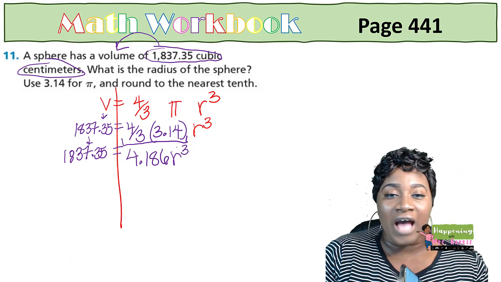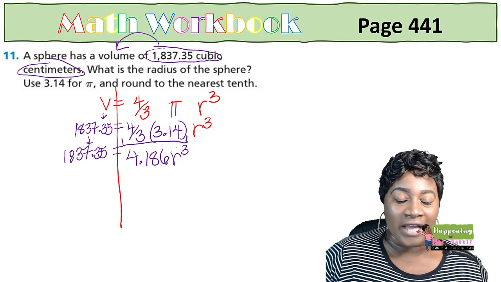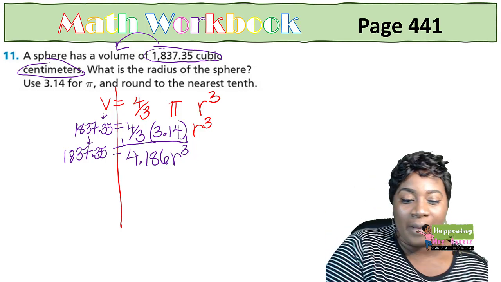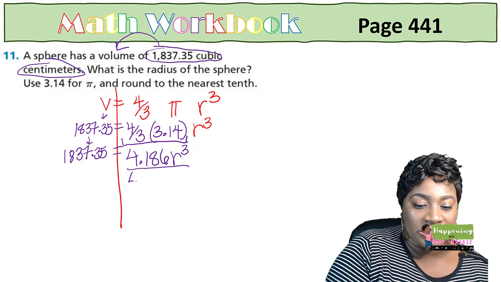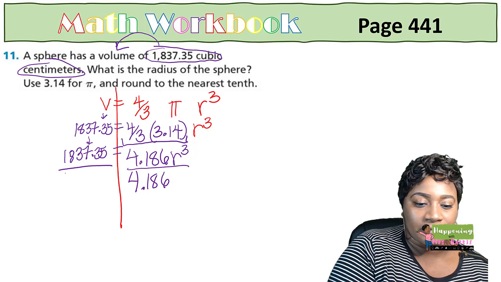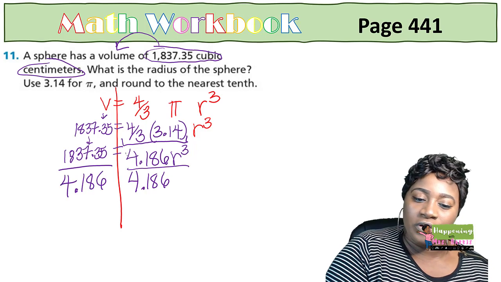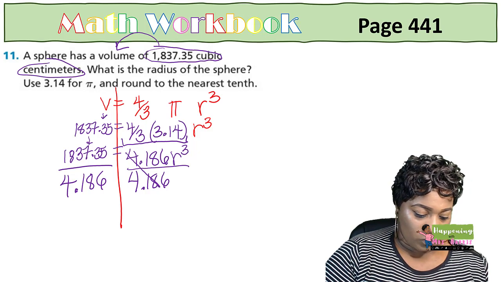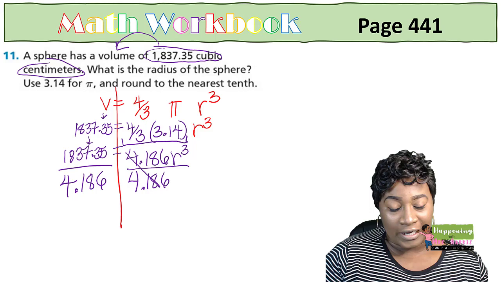Now, in order to isolate the radius, we're going to have to use inverse operations and divide both sides by 4.186. I will cross out our pairs. The left side of the equal sign, I've got to simplify it.